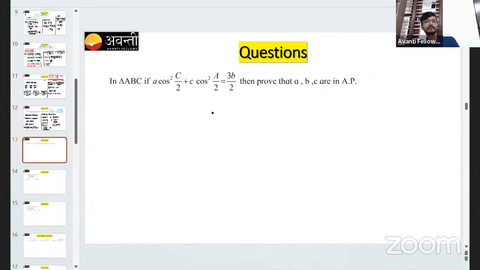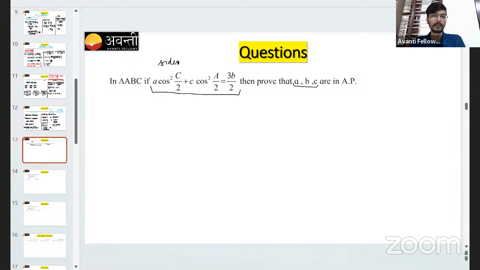This one. Again, a similar type. We are given this and we need to prove A, B, C are in AP. Now again the same thing. We are given it in terms of sides and angles. Don't forget, we want A, B, C, so I don't want angles.